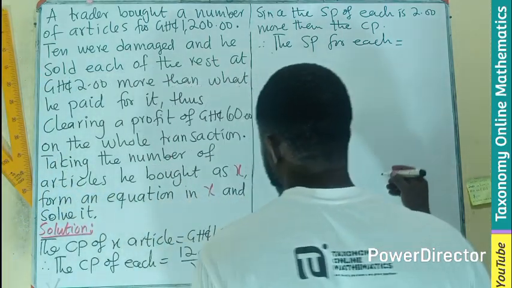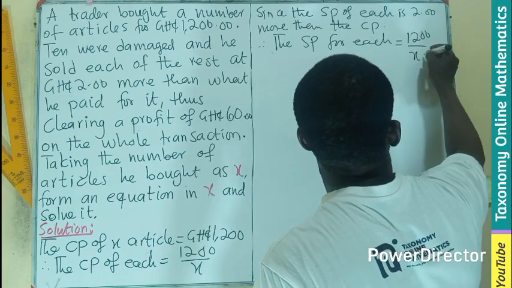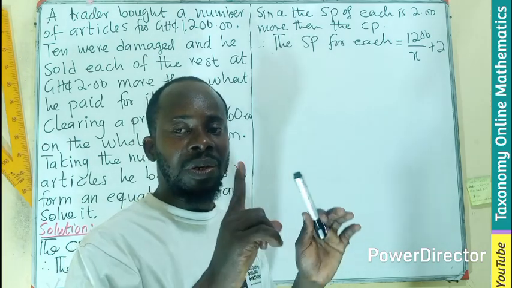So this becomes 1,200 over x plus 2 Ghana cedis. This is the selling price of each.